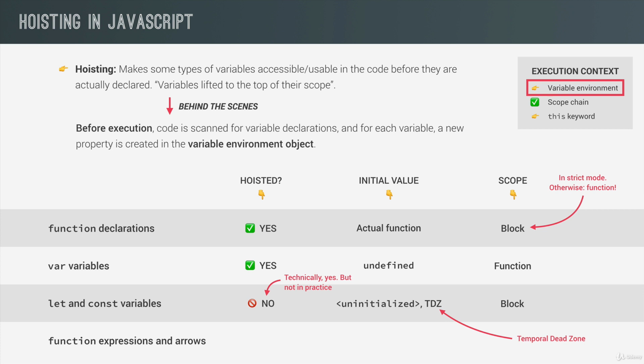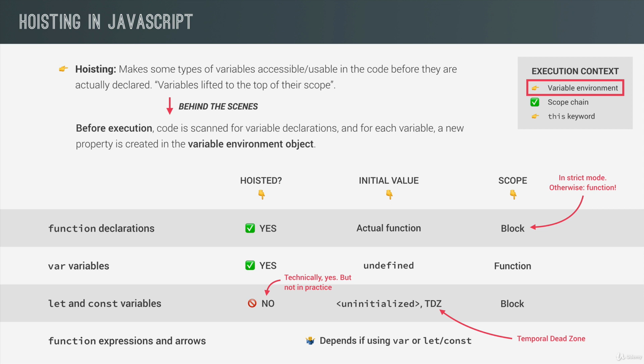Okay, but now what about function expressions and arrow functions? How does hoisting work for these? Well, it depends if they were created using var or const or let. Because keep in mind that these functions are simply variables, and so they behave the exact same way as variables in regard to hoisting.